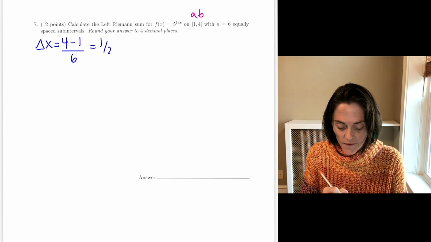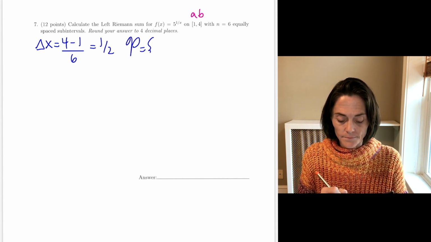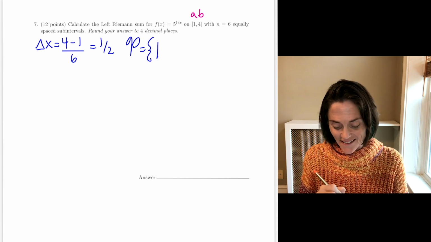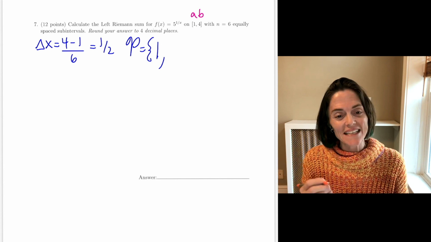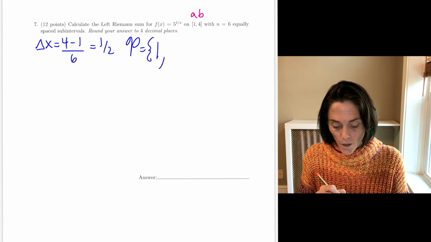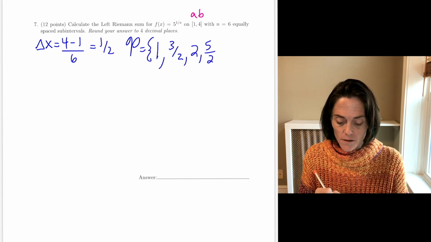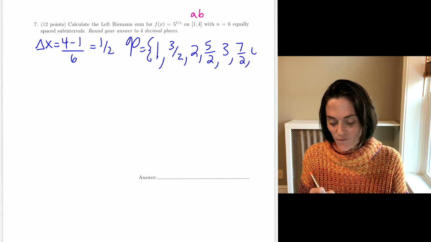This is 1/2. Next step, we write down our partition. So I start with the left endpoint, march forward by delta x until I hit the right endpoint. So I have 1, 3 halves, 2, 5 halves, 3, 7 halves, and 4.